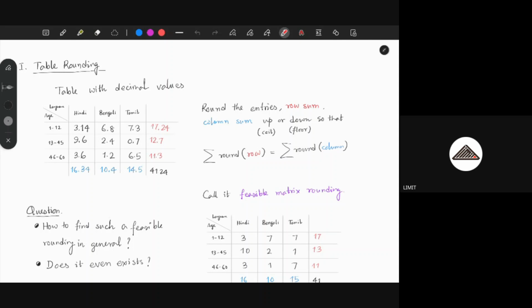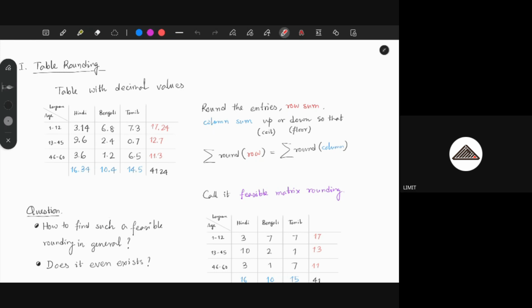We take age groups in the rows and language in the columns, and we count how many, in crore, people speak these languages in different age groups.